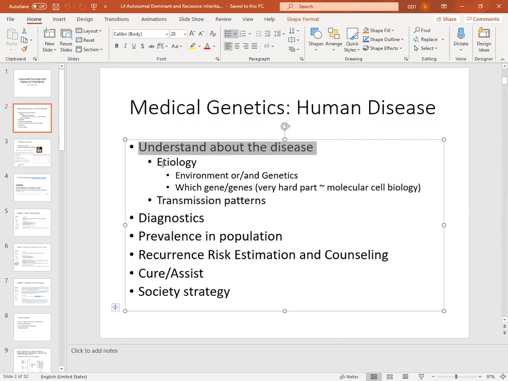So the first step is to find out the etiology of the disease. I mean the cause of the disease. If we have an infectious disease, this is mainly because of the environment, right? Because we have interaction with some infected people, and that person transmits a virus to us and we get infected.